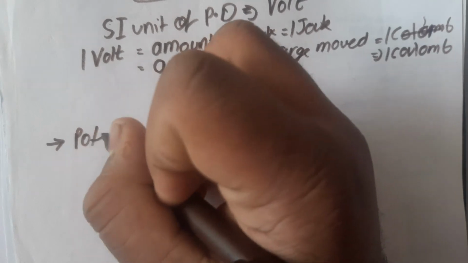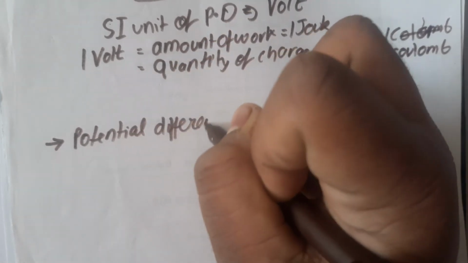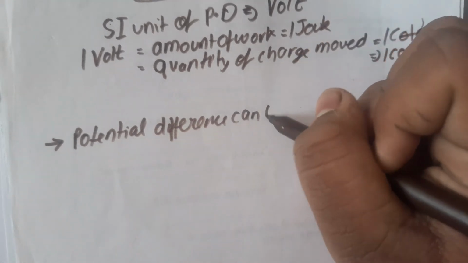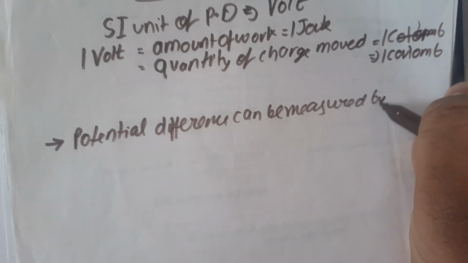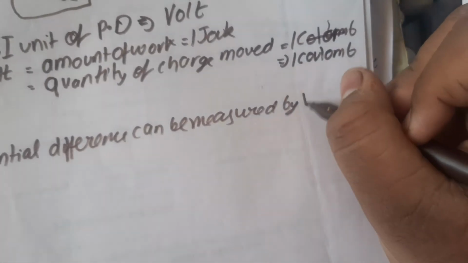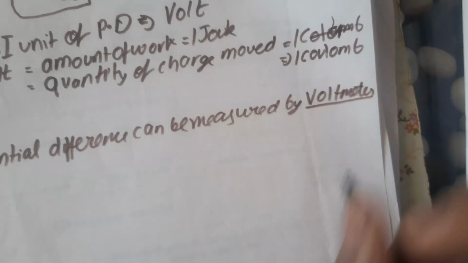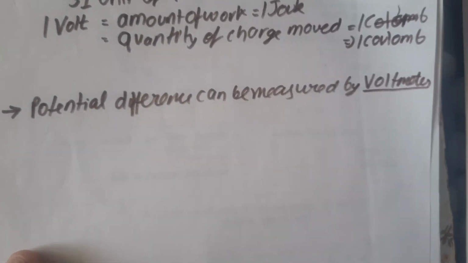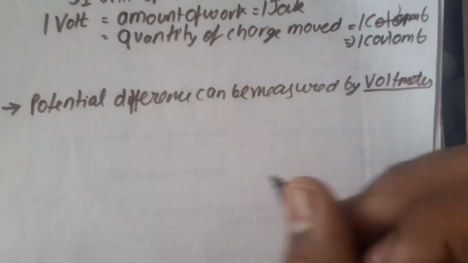So potential difference can be measured by a voltmeter, and it is always connected in parallel.